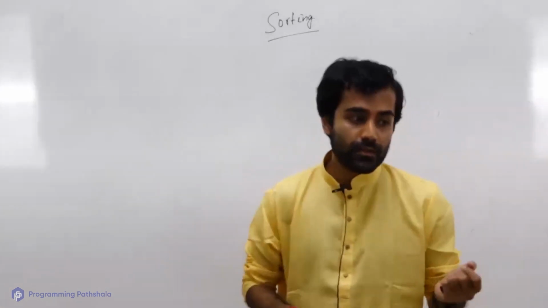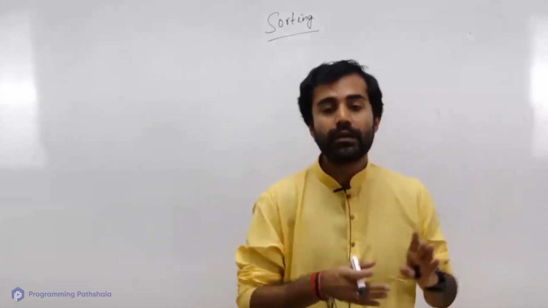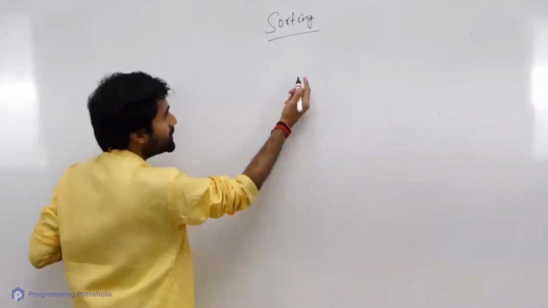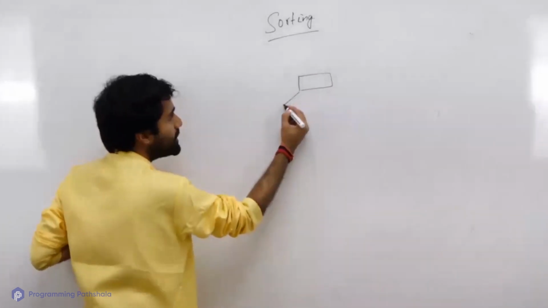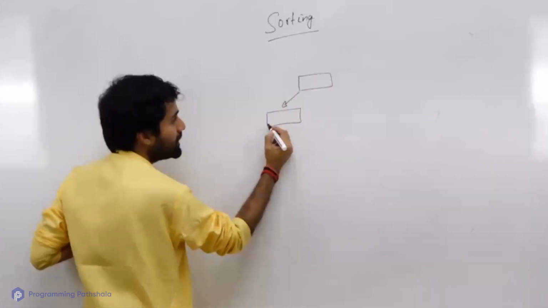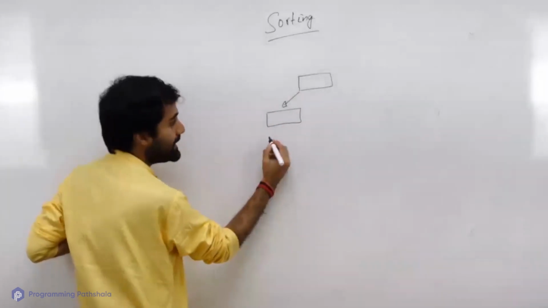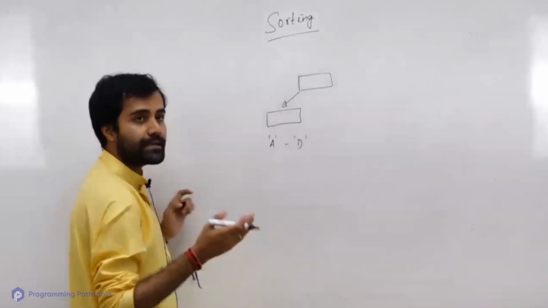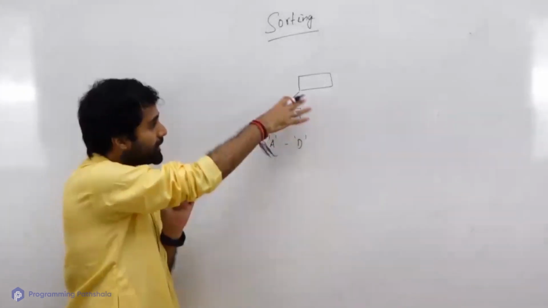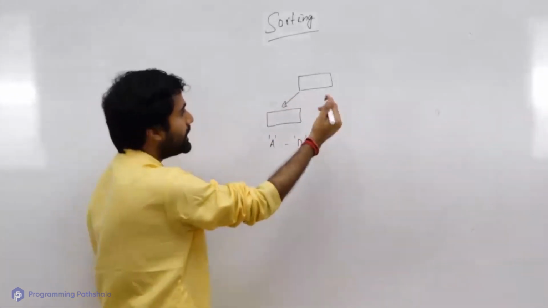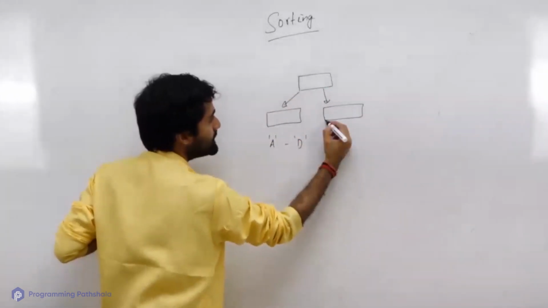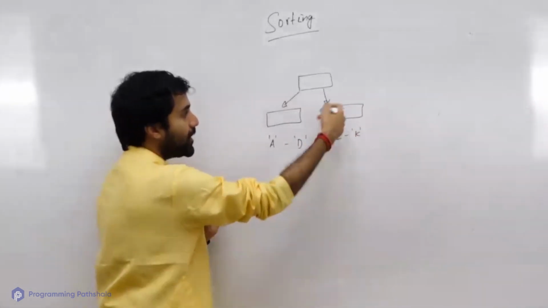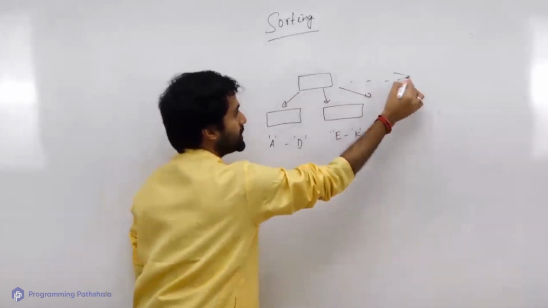One of the most efficient ways, people say, is that there is a memory block, and this memory block points to another memory block which only contains those names that start from A to D. So if your name starts with A, B, C or D, your name will be found in this memory block. Similarly, if your name starts from E to K, then the entry will be found in this memory block, and so on.